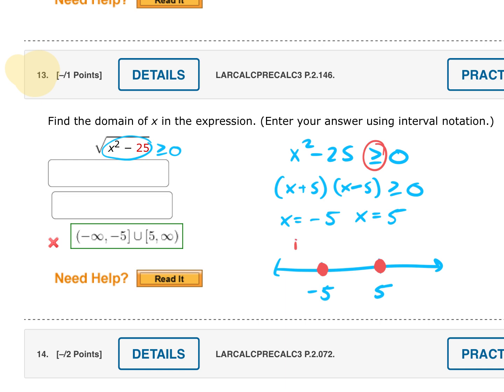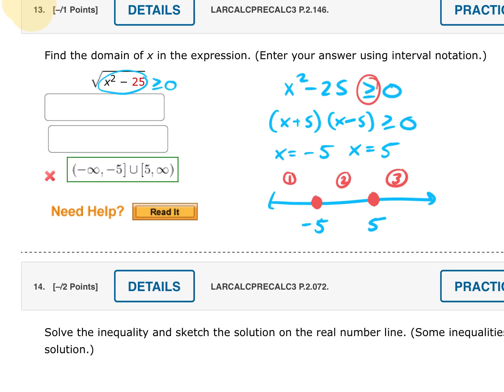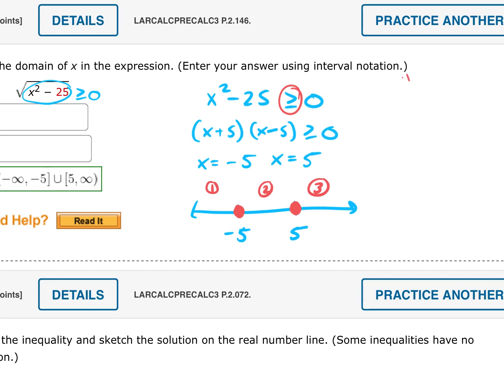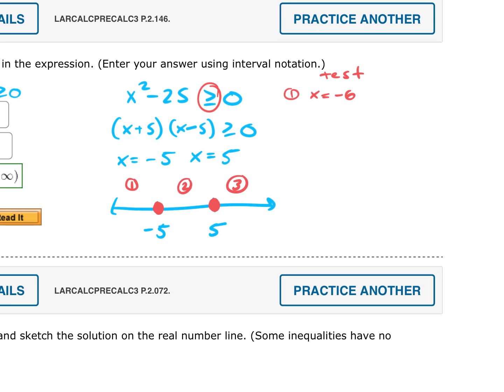So we've got interval 1, interval 2, and interval 3. What's a number that is less than -5? -6. So when we test for interval 1, I'm going to say x is equal to -6. When we plug it in, we get 36 minus 25, which would be 11, is greater than or equal to 0.